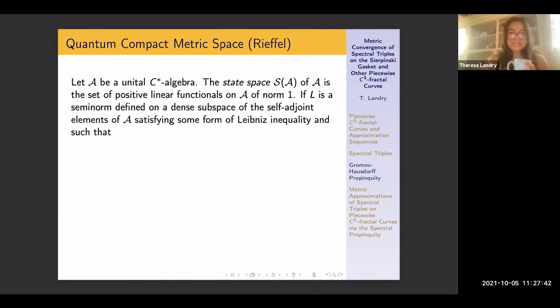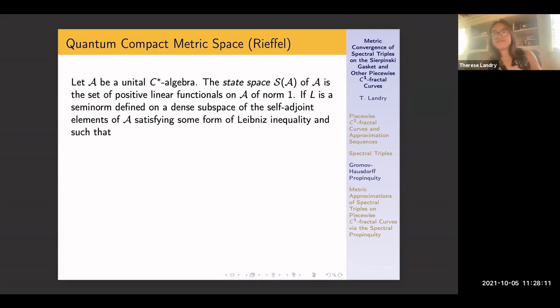So what is a quantum compact metric space? Let me also, before I go on, specify that this generalization is due to Rieffel. Quantum compact metric spaces are non-commutative generalizations of algebras of Lipschitz functions, and the Gromov-Hausdorff propinquity is a complete metric on these structures.